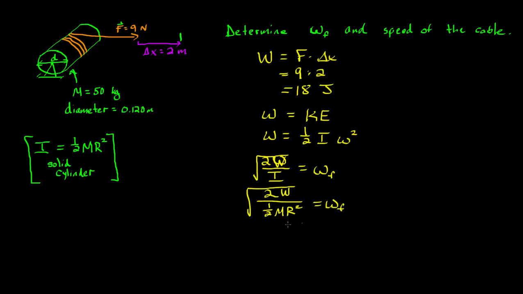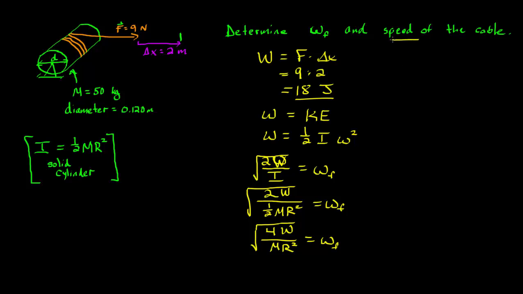That would be your final angular velocity. 2 divided by 1/2 is 4, so we get 4 times the work over mr squared, and the root of that. You could go on, because you can take out a 2 over r, so 2 over r times the square root of the work over m. The work is 18. Everything else you just plug in, and that would tell you your final angular velocity.